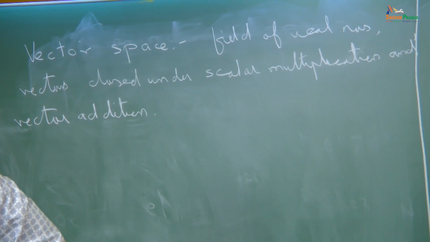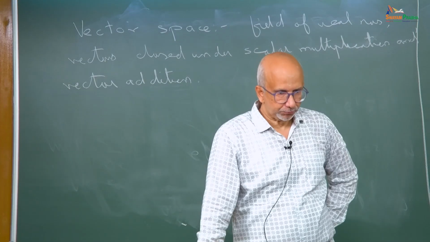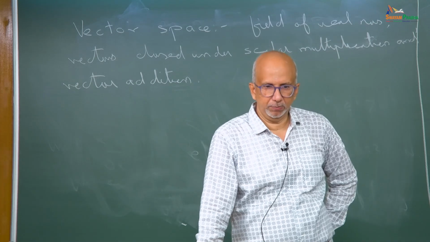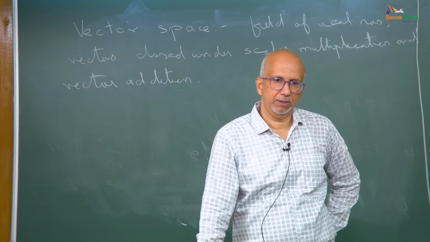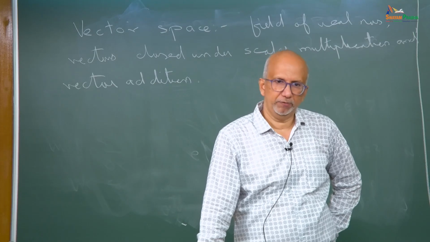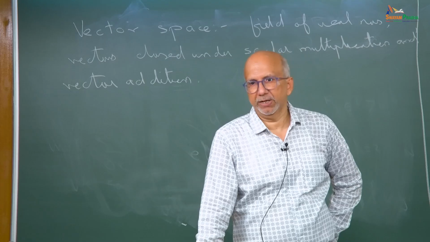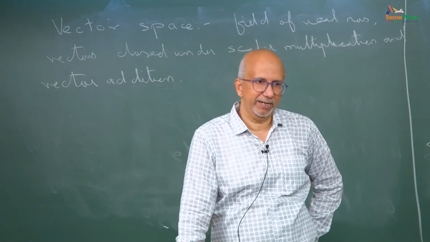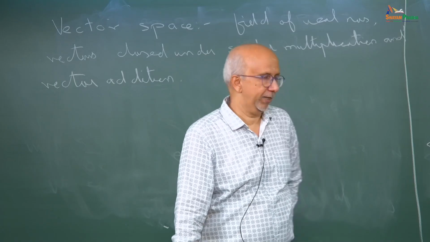So, when I say a vector space, you take a vector, multiply it by a real number, and you get a vector in the same space. You add two vectors, let us say with n coordinates, and you get a vector with n coordinates. So, it all belongs to the same space. So, Rn is a vector space.